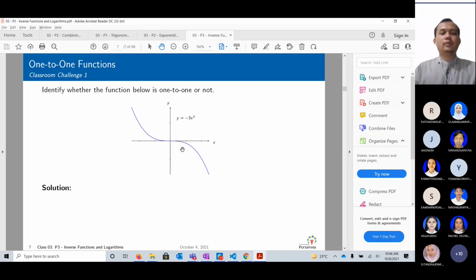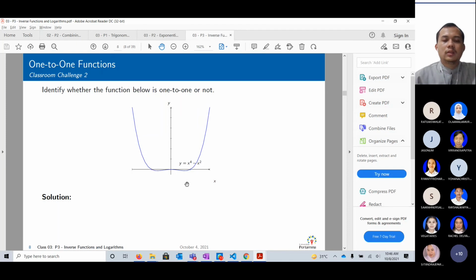So the blue curve is 1-to-1, because if we shift the horizontal line from the bottom to the top, the horizontal line always only intersects the blue line at most one time.